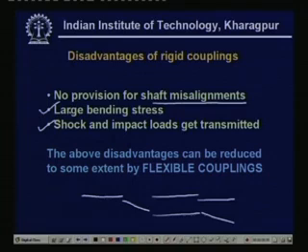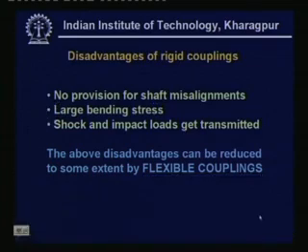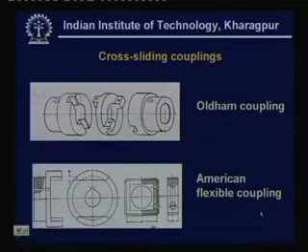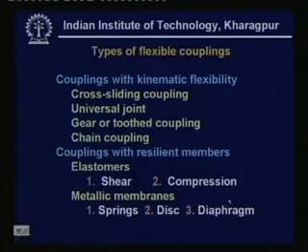Now, the main point of departure today will be the flexible couplings. These disadvantages can be reduced to some extent. You will see after today's lecture what the extents are by flexible couplings. So, let us now come to the flexible coupling. Now, there are a few types of flexible couplings.